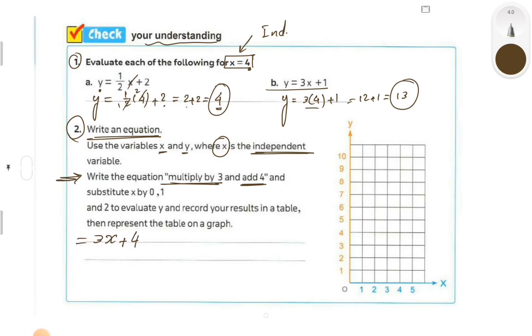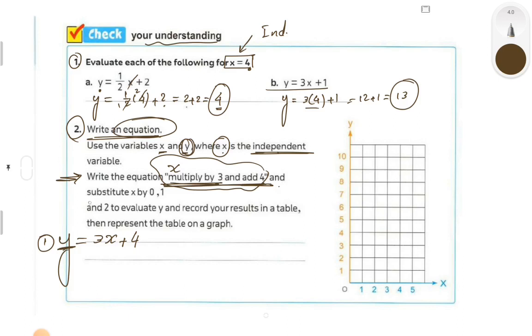Multiply x by 3 and add 4, but all of these equal the dependent, y, because x is the independent. So all of these equal y. So the first part of the question, we write the equation.